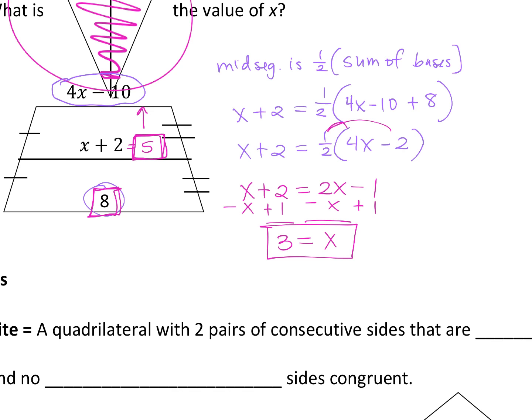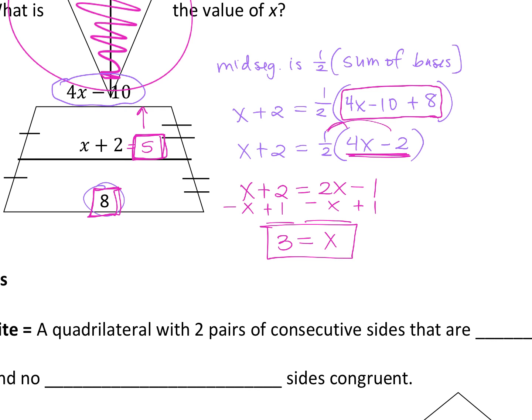If you're doing 1/2 times 8, that would be 4. Where did I do 1/2 of 8? Oh, I simplified this first, right? 4x minus 10 plus 8 is 4x minus 2. You could distribute it right away, but it just leaves more room for error. I would simplify it first and then distribute.